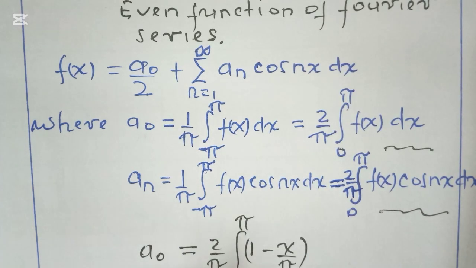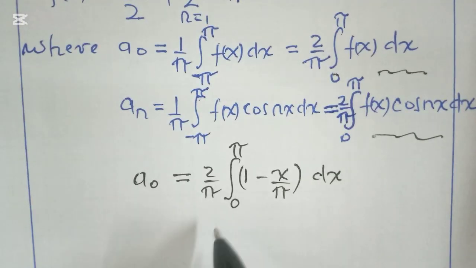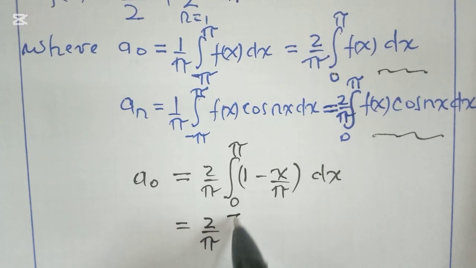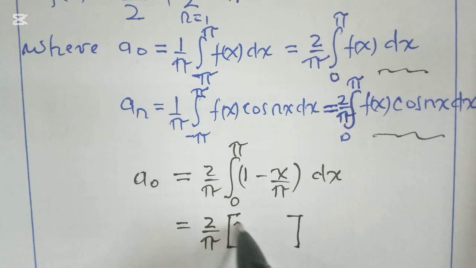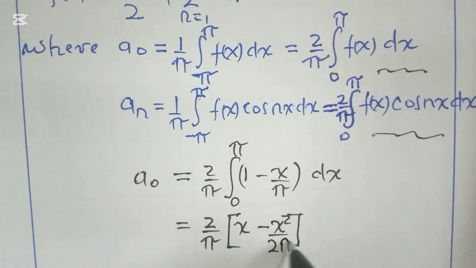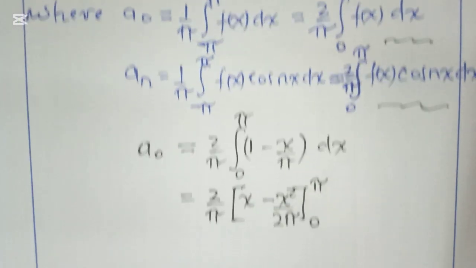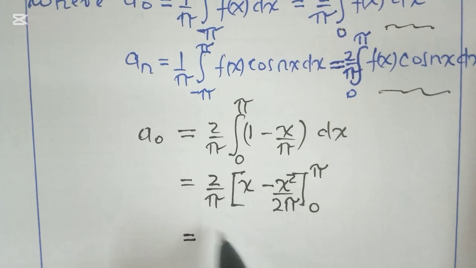So guys, we are dealing with this one first. This is dx. When you do that one, we shall get 2 all over pi. Integrate that, you get x, and then minus x squared all over 2 pi, from 0 to pi. So we replace x with pi.